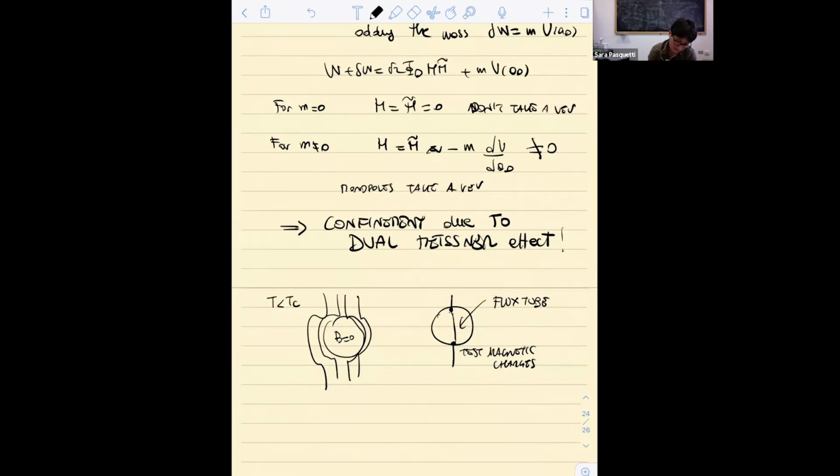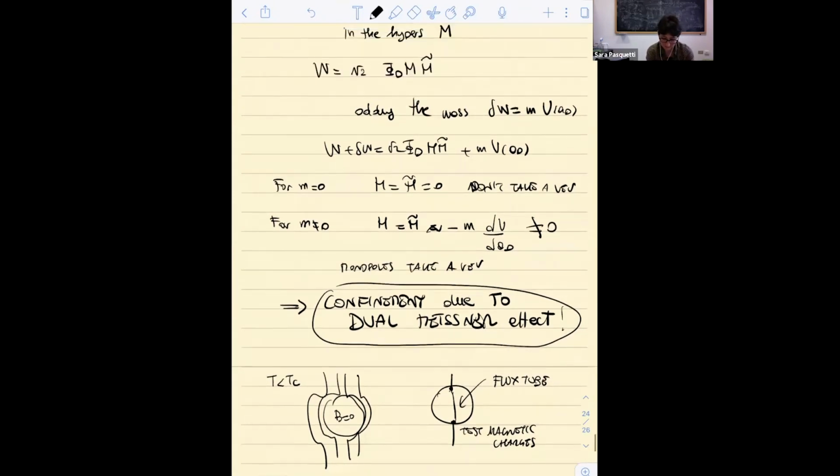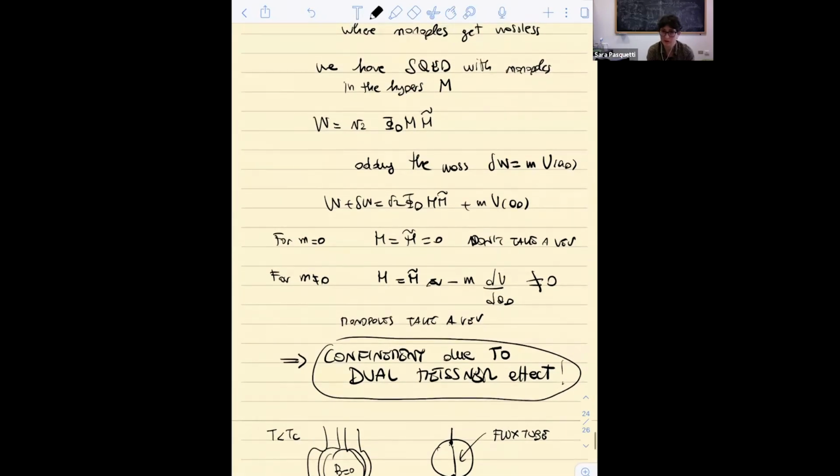So this idea of dual Meissner was advocated as a potential mechanism for confinement in gauge theory, and in this situation of the n=2 theory, close to the point where you need to use dual variables and you have light monopoles, that seems to account for the confinement.